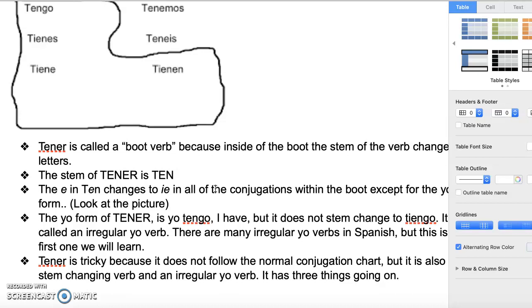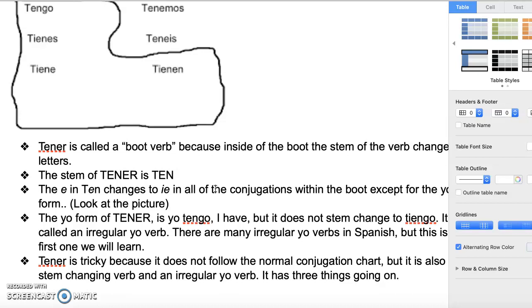Now we learned two things. Tener is a boot verb and tener is a stem changing verb, which is the same thing said differently. A boot verb means it's a stem changing verb. So if I need to write that down, I say boot verbs are stem changing verbs. Always. If it's a boot verb, it's a stem changing verb inside the boot.